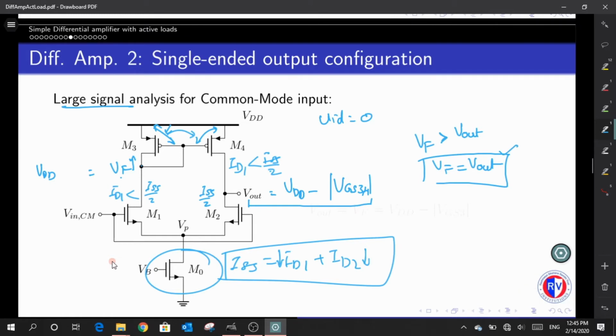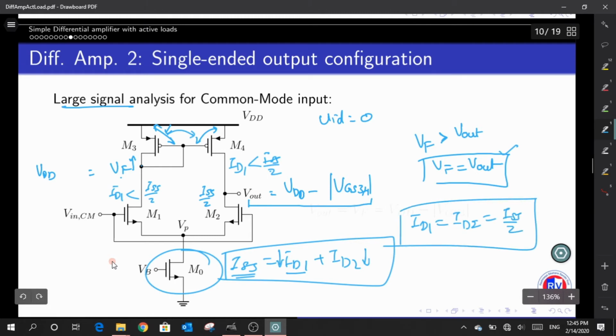Okay? Only then can I have the addition of ID1 plus ID2 end up having a value equal to ISS. Or in short, I have to have my ID1 and ID2 equal, and that value is supposed to be equal to ISS by 2. And I can have this condition whenever I have this VID equal to 0. Okay? It's a direct proof with contradictory statements. So you can either assume this value of VF is smaller than the value of Vout or higher than the value of Vout.